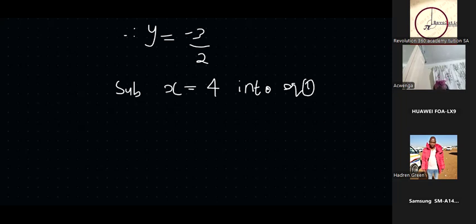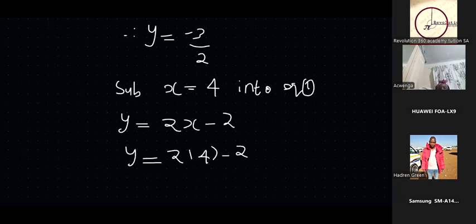You say y equals 2 times the value of x, which is 4, minus 2. Therefore, the value of y is 2 times 4 is 8, minus 2, which is equal to 6.